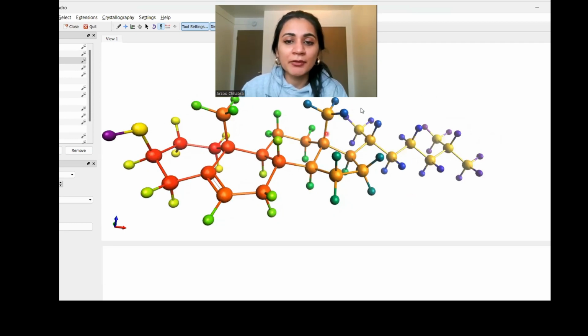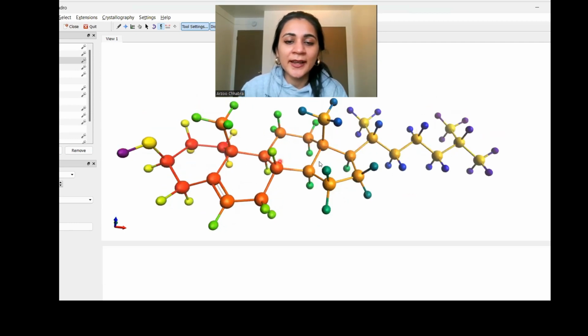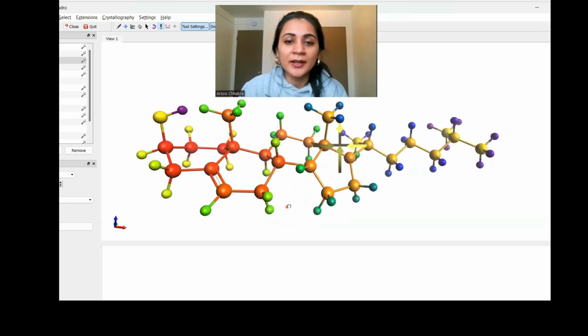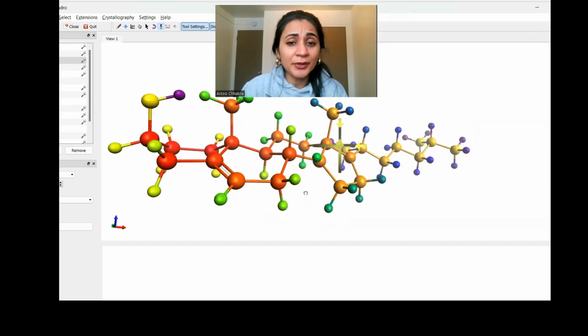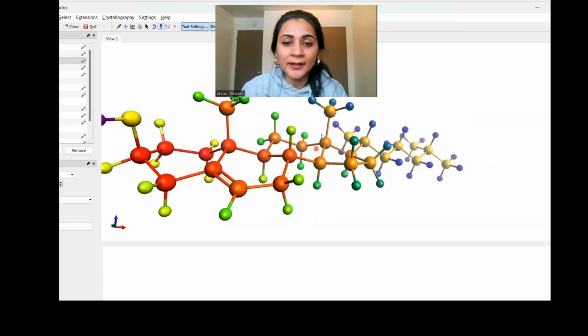And then the third ring right over here is a six-membered ring again, and that ring is a very nice chair conformation ring, right? That is the third ring. And the second ring, as we can see here, is pretty crooked because of the presence of that double bond in the second ring.